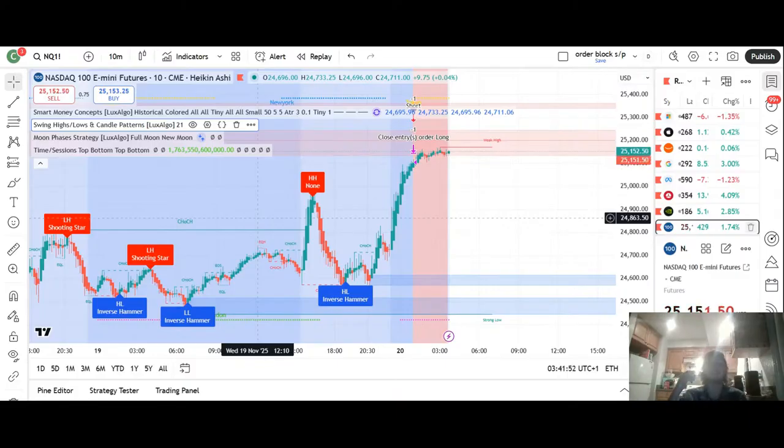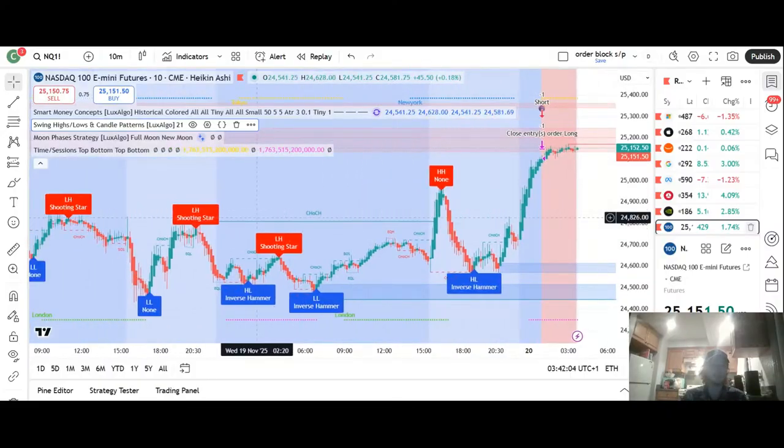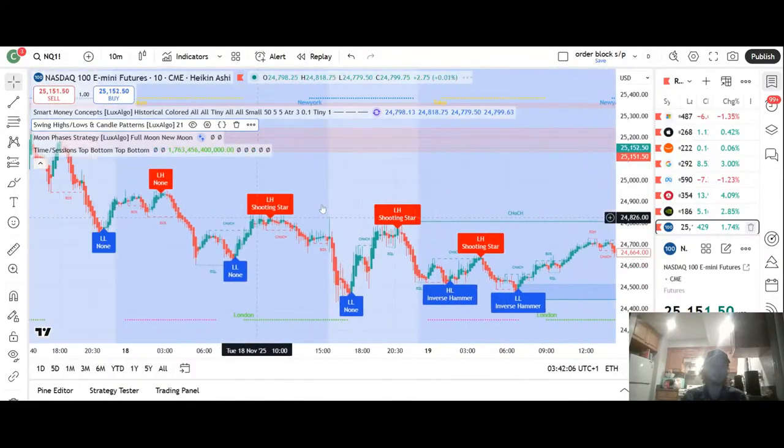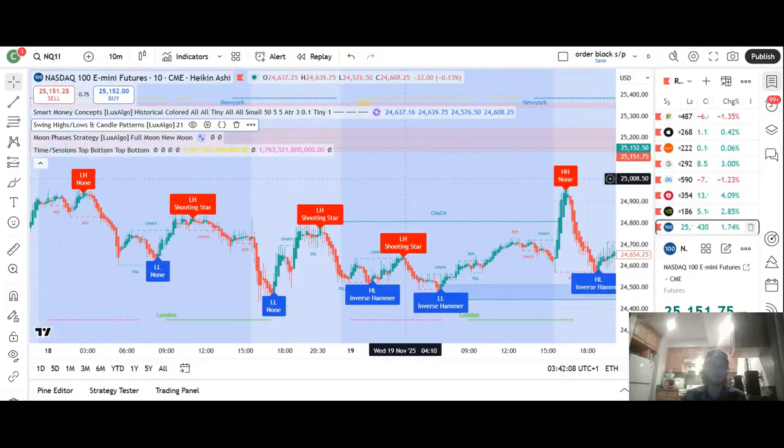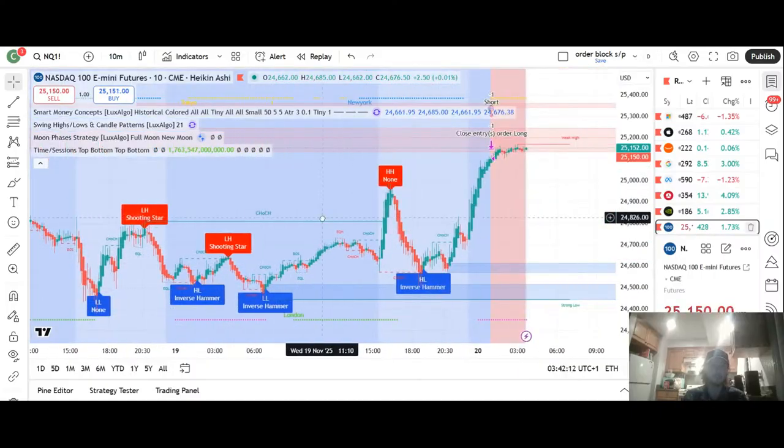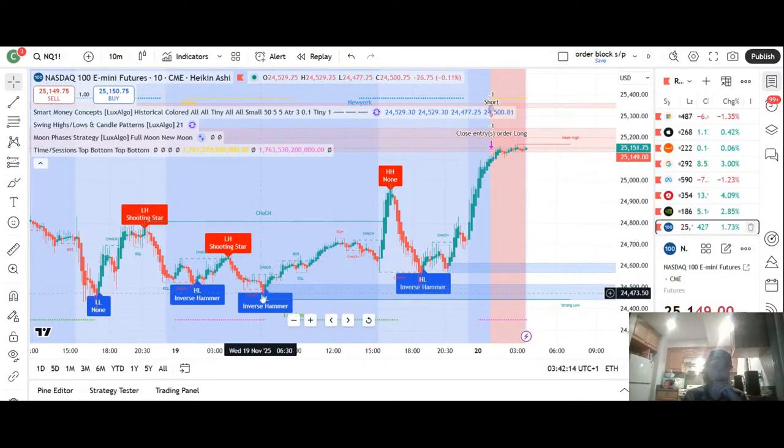Because with dojis, there's gravestone, there's morning star, there's inverse hammer, and something else, I think inverse hammer. And then there's none. Those are like 4 or 5 of them pretty much. And that's what it helps you with here to understand when it's a reversal. So these charts are very good for reversals, change of structures, break of structures here. So very, very strong too.